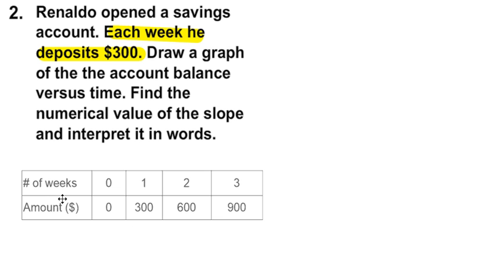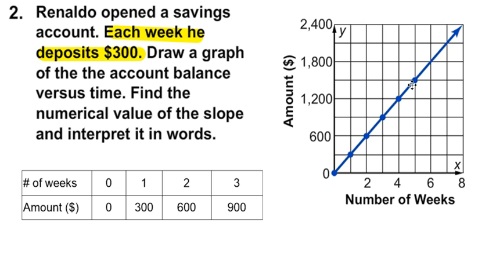All right, so in my table, I wrote the number of weeks and the amount of money. So the number of weeks, I just started simple 0, 1, 2, 3, and all I have to do is multiply 300 times the number of weeks because it's $300 for each week. So now we have 1 week is 300, 2 weeks is 600, 3 weeks is 900. So I'm going to graph that data.